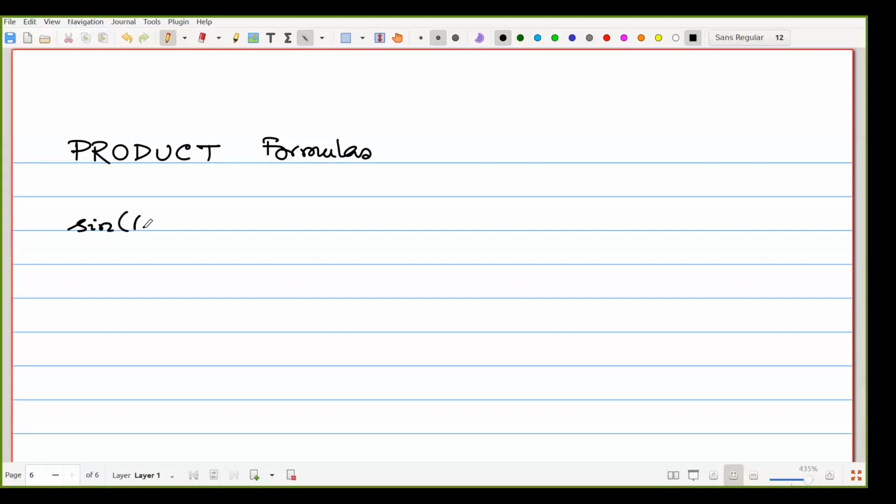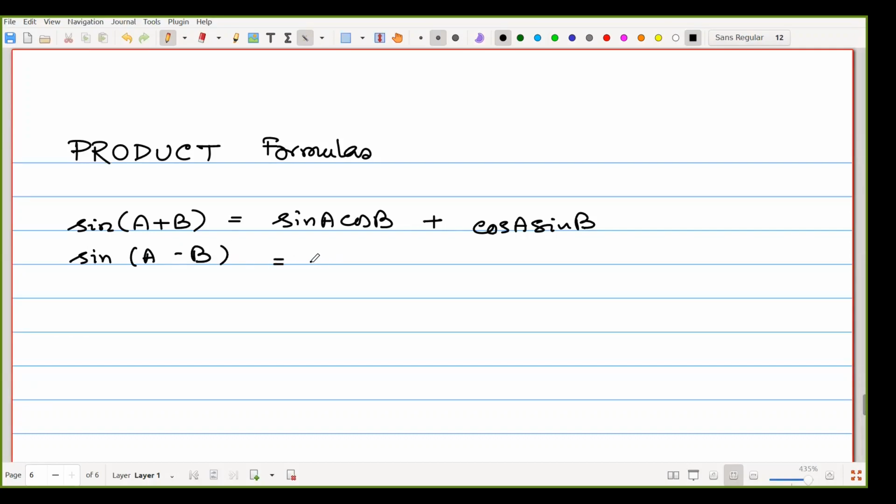Suppose we have sin(A+B) = sin A cos B plus cos A sin B. And sin(A−B) = sin A cos B minus cos A sin B. Now we are adding the both.